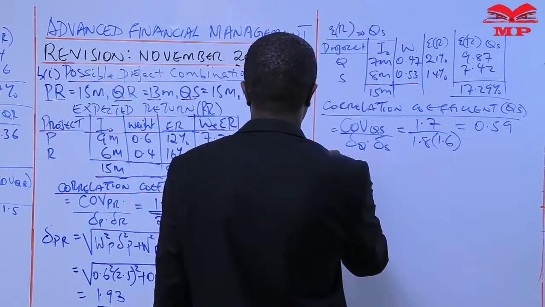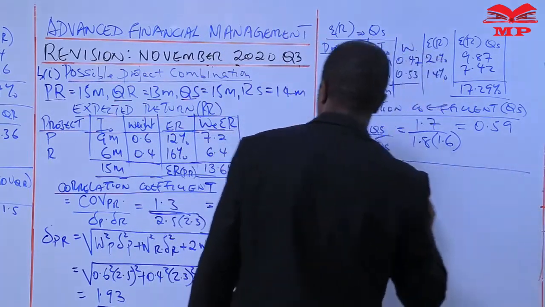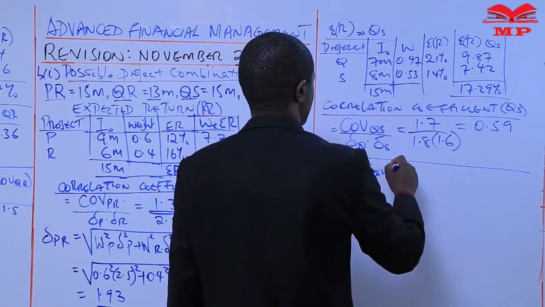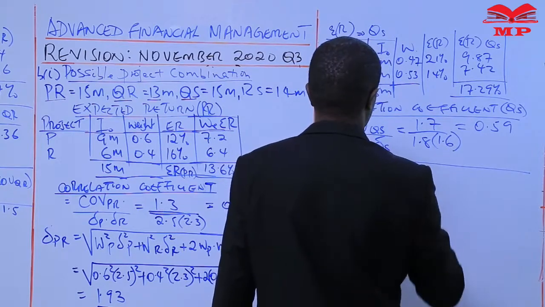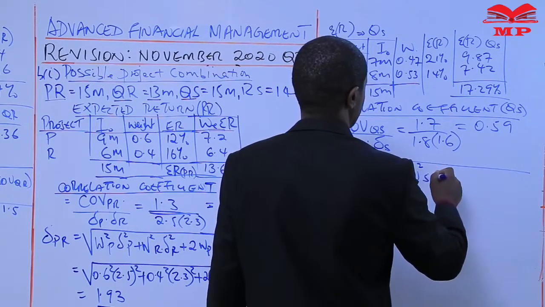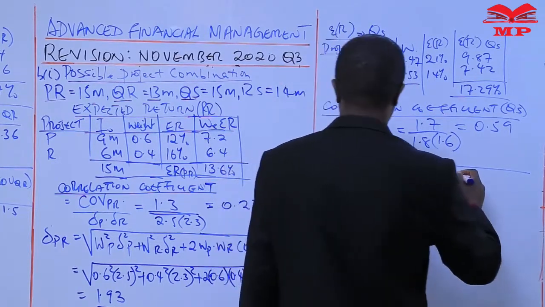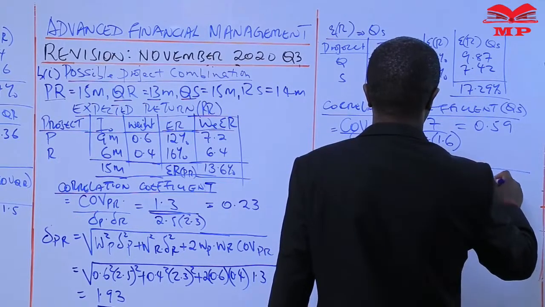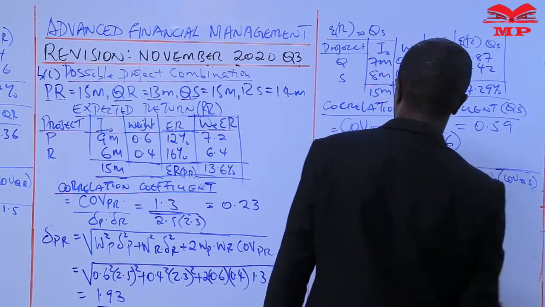The standard deviation of portfolio QS will be equal to the square root of the square of the weight of Q times the variance of Q, plus the square of the weight of S times the standard deviation squared of S. Then we are going to add 2 times weight of Q times weight of S times the covariance of QS.